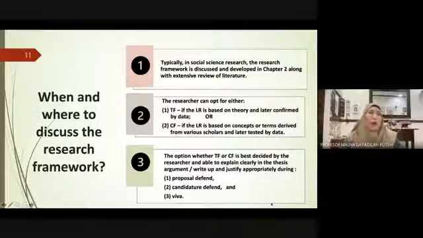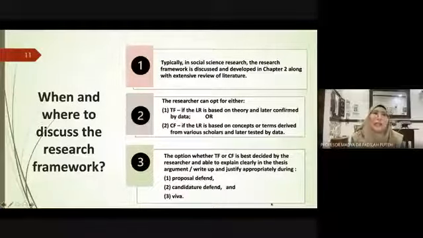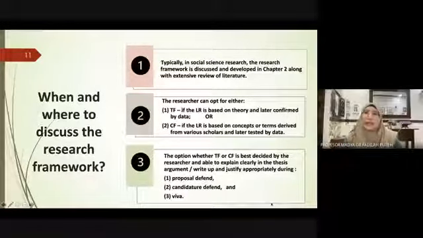You have read a lot, you have discussed a lot, you have synthesized a lot and analyzed a lot. Then you can confidently say that this is the research framework for your study. Right? And this is a very daunting process.